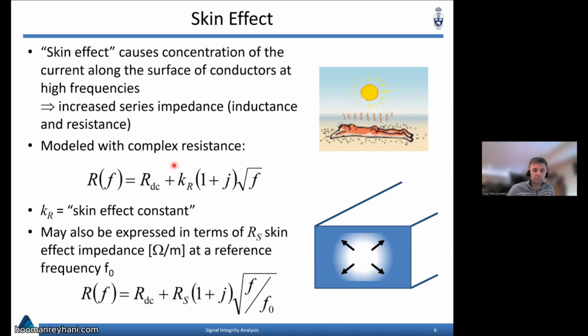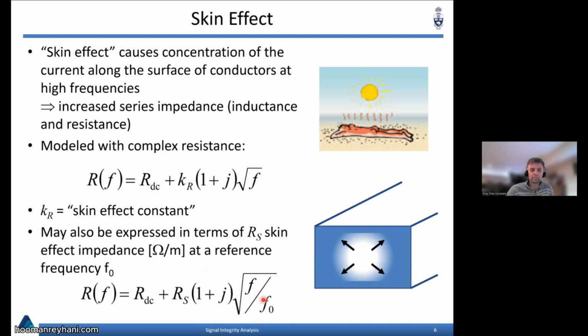Obviously, RS and kr are related just by the reference frequency, 1 over the square root of f naught. Sometimes the RS is specified because it has a more straightforward physical interpretation. It's essentially capturing the additional skin effect induced impedance at that reference frequency f naught.